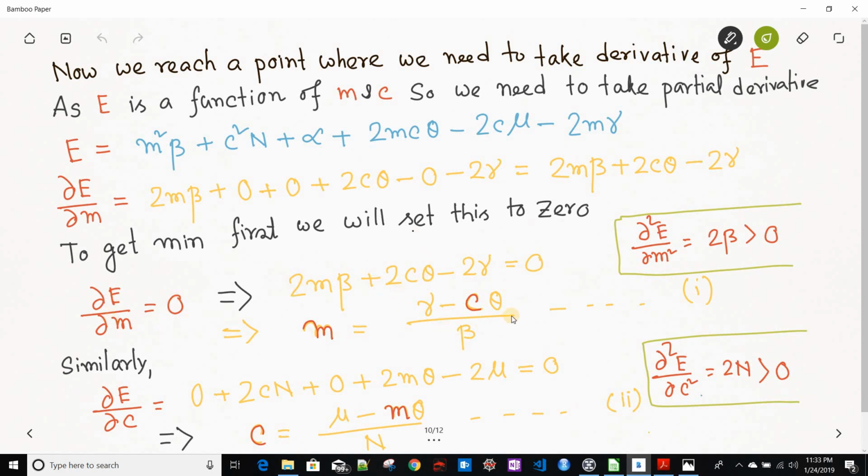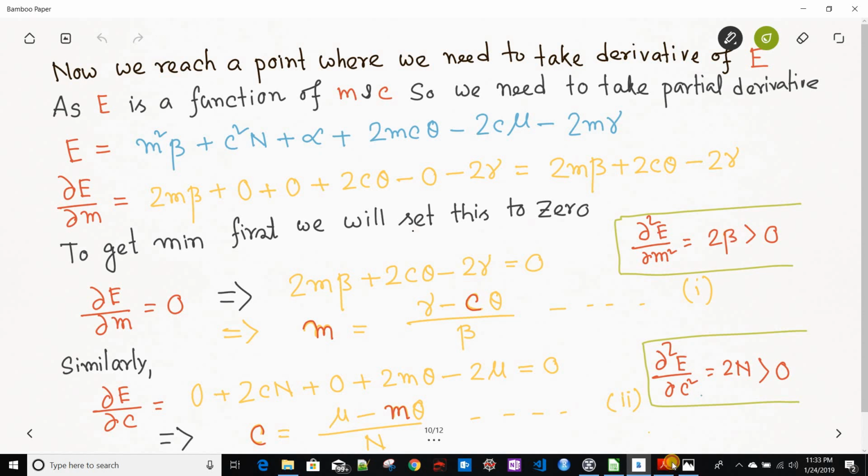That is what I have done over here as well. So if I set it as 0, I'll get an equation of m and c, correct? While setting this up, we'll also check the second derivative with respect to m. If I take the second derivative of this, it will be 2 beta, then 0, then 0.